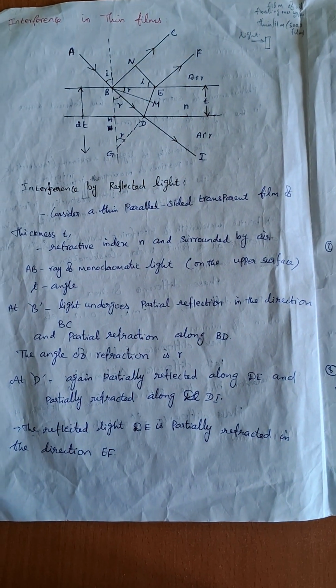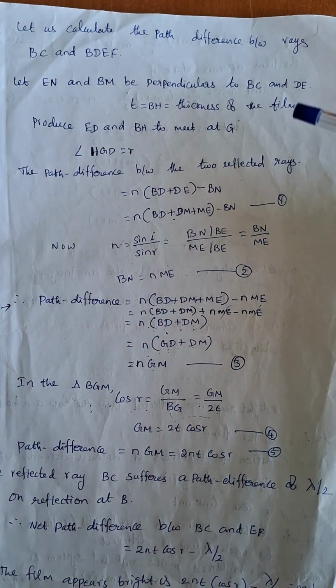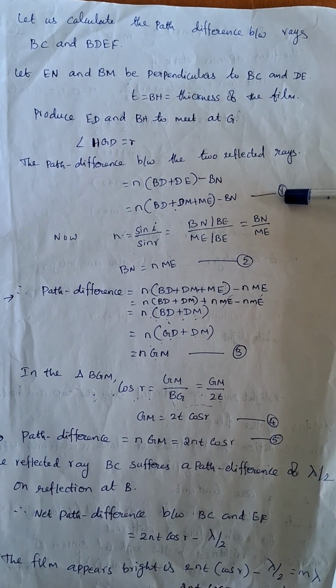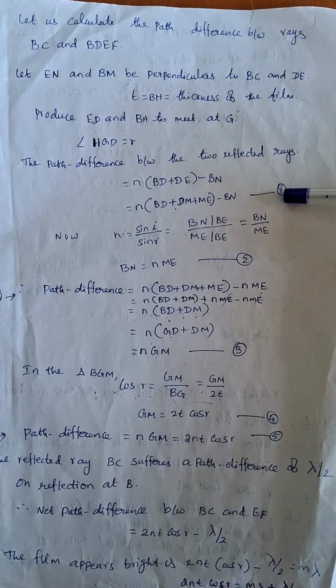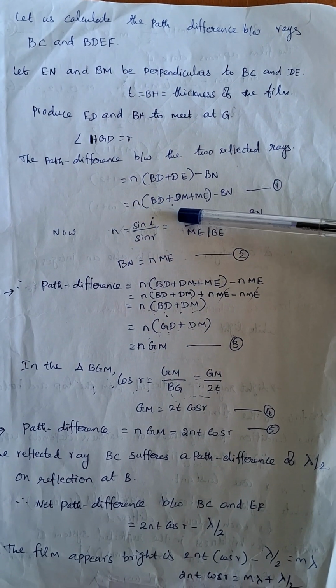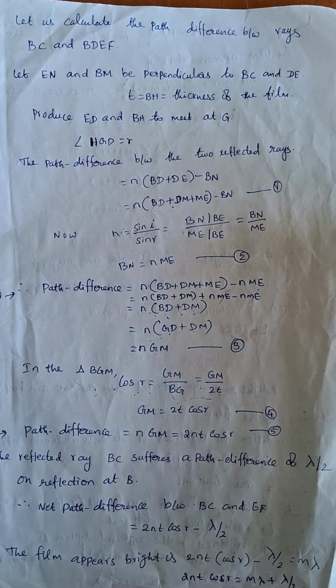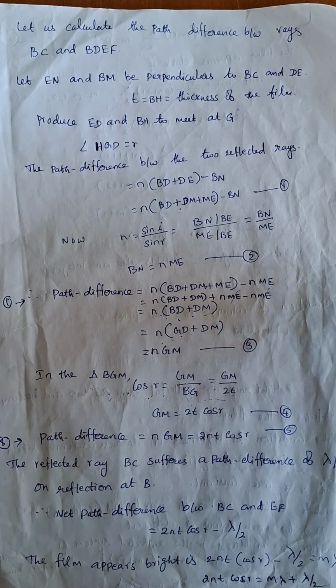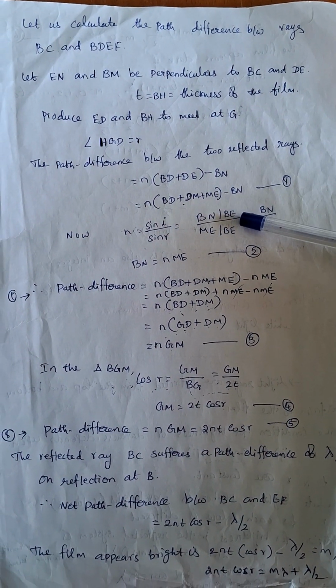We consider the path difference between the two reflected rays: mu into (BD plus DE) minus BN. Mu into (BD plus DE) can be written as mu into (BD plus DM plus ME), minus BN. We know mu equals sin i by sin r.